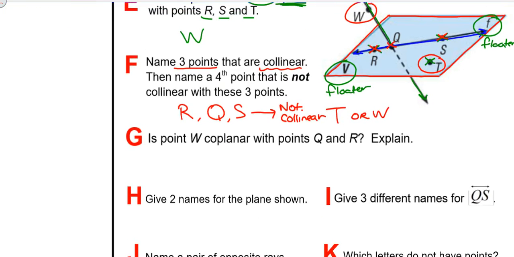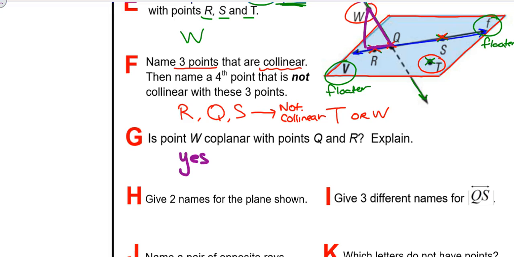Couple questions left here. Is W coplanar with Q and R? Now, notice that W and Q and R, they make a triangle. So when I look at those, do you see the little triangle that they make right here? It's kind of a trick question. It looks like they're not on a plane, but they actually are.